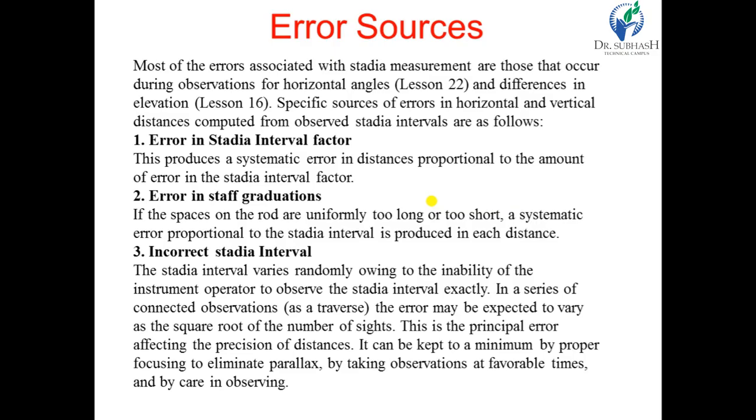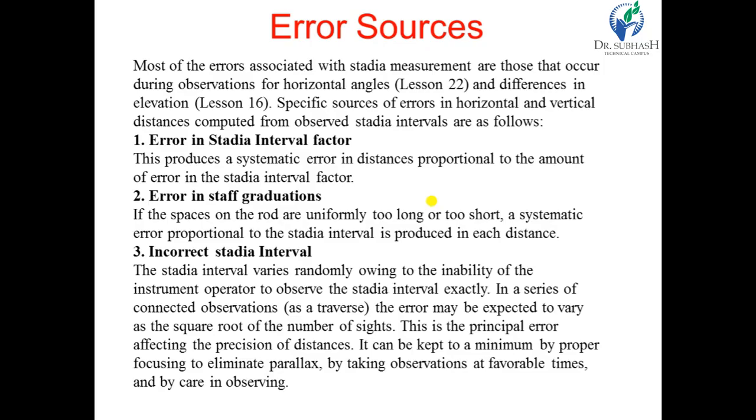Specific sources of error in horizontal and vertical distances computed from observed stadia intervals are as follows. Error in stadia interval factor. This produces a systematic error in distance proportional to the amount of the error in the stadia interval factor.